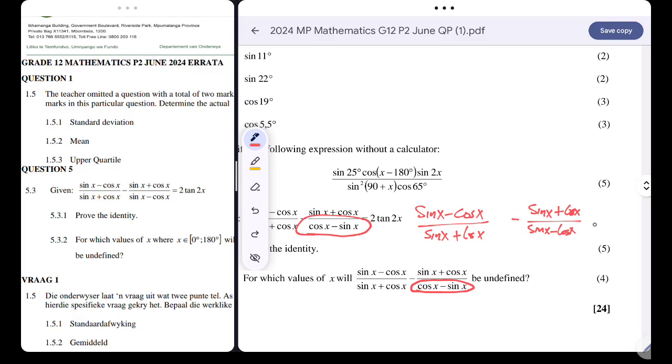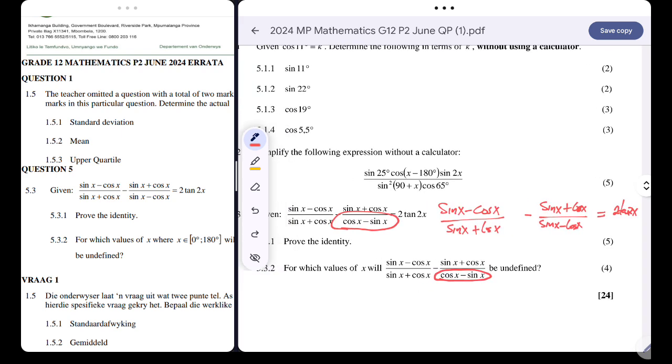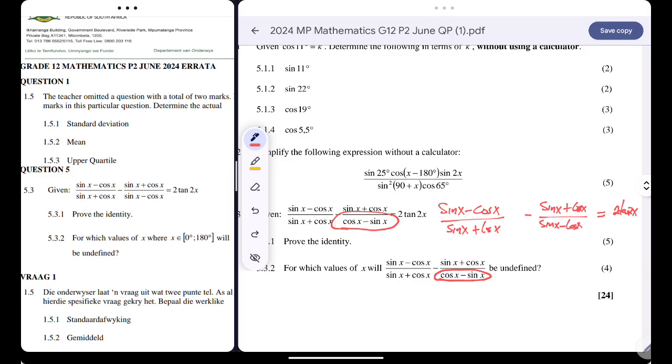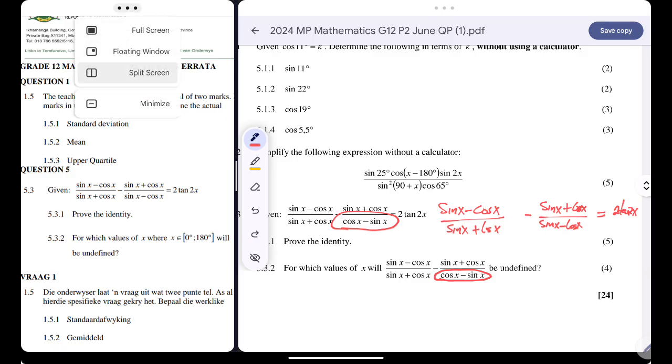We have to prove that this entire thing is just equal to 2 tan 2x. That's our identity, guys. So our errata was just fixing our denominator over there. So let's just remove this errata so that we will maximize our screen.